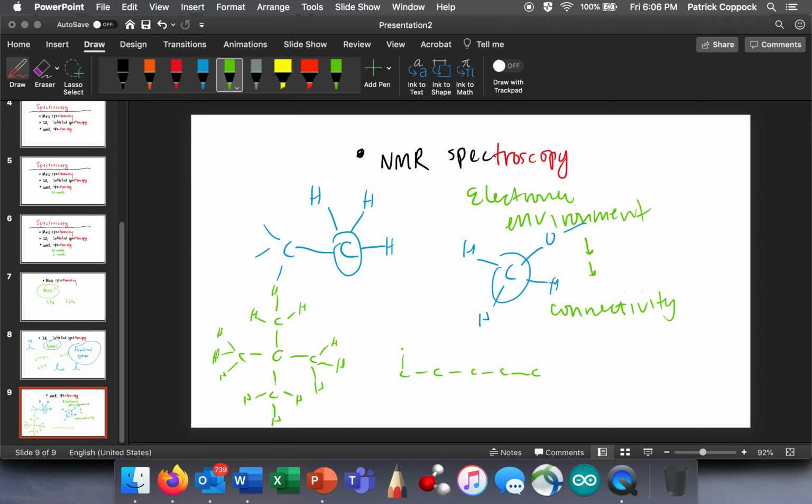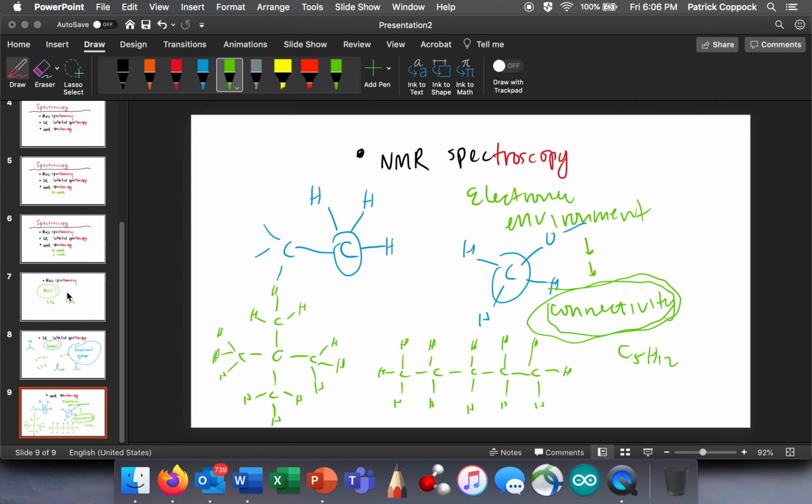This is torture, isn't it? I know it's killing you, it's killing me, but I am 51 years old, and very patient. Okay, so I'm almost done here. These are both C5H12. So what's the difference between these two? The difference is how they're connected. Okay, that's it right there.